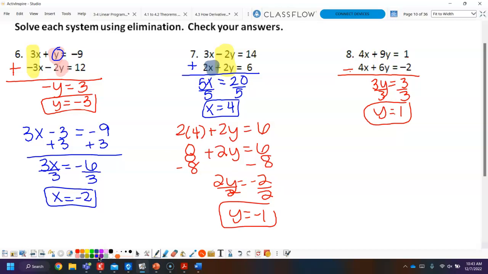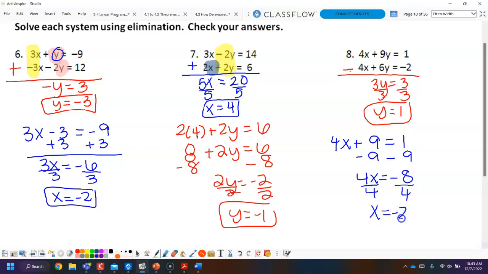I'm going to take that 1 and plug it back in to either equation. So I plugged it in for y.